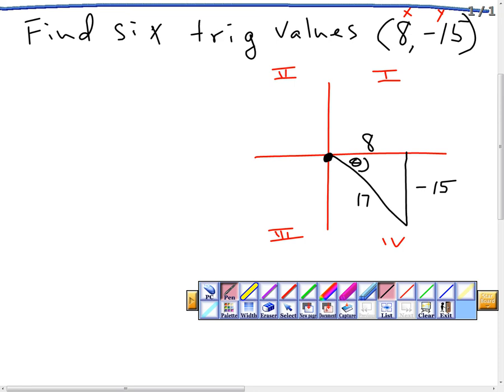So now we're going to do sine, cosine, tangent, and then do the reciprocals. I'm not going to write them down. Go ahead and try that.